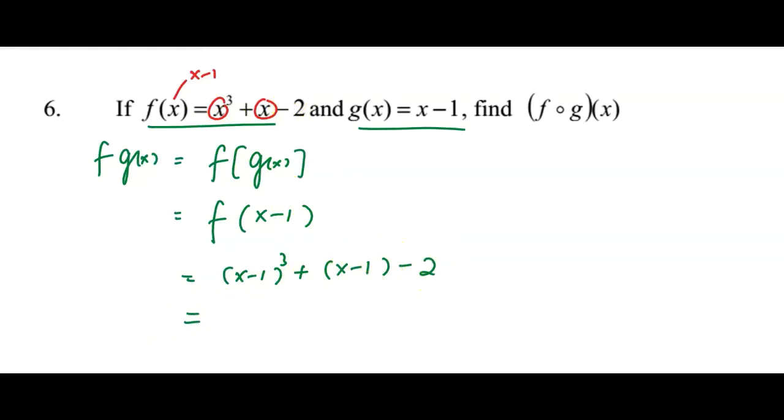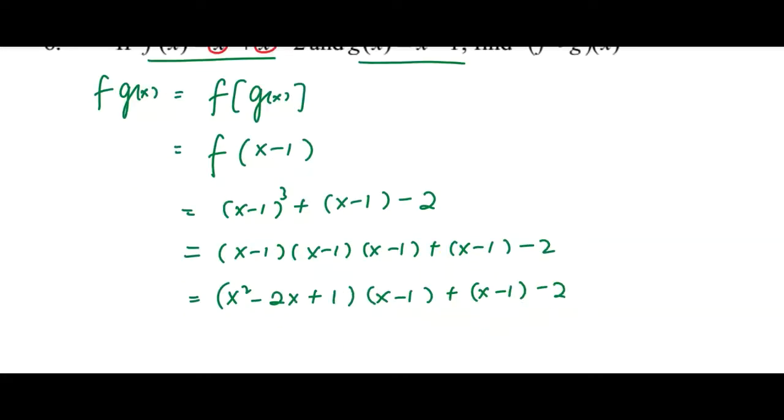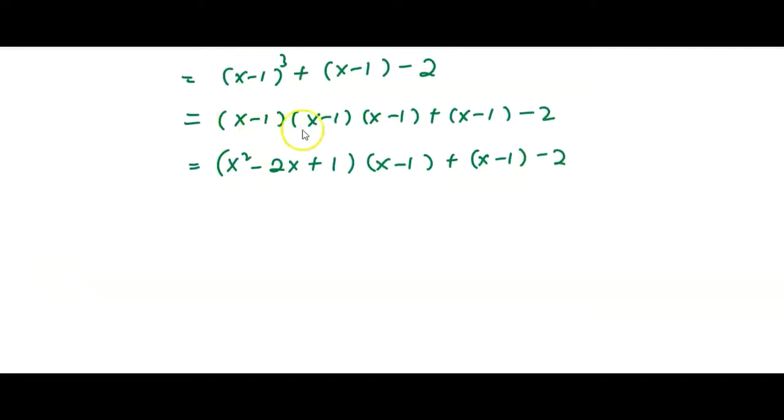Simplify it. Try to expand this. Because of the power of 3, the cube, you need to expand it so that you can simplify it. When you expand (x minus 1) squared, you get this. And now I'm going to expand by multiplying my quadratic factor by this x minus 1.